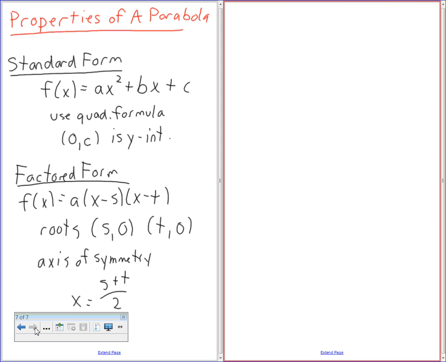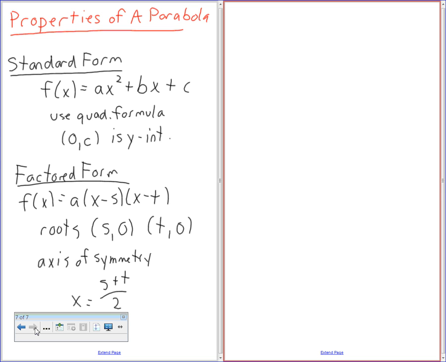This is all just grade 10 review, so I'm going to just go through that factor form. So you get the axis of symmetry. The axis of symmetry is helpful to us because it's the x-coordinate of the vertex. And we'll find a way to help speed up our equation solving in the next unit with that.